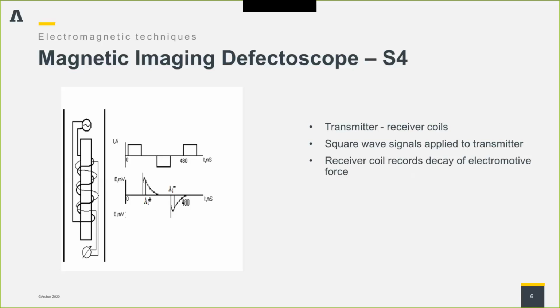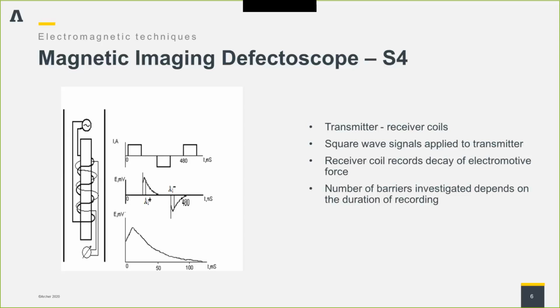We then record with the receiver coil the decay of the electromotive force. So when the magnetic field collapses, it creates a current and creates another field which we detect as an electromotive force, voltage, essentially. And the number of barriers that we can investigate, so the number of tubing strings and casing strings, depends on the duration of the recording.